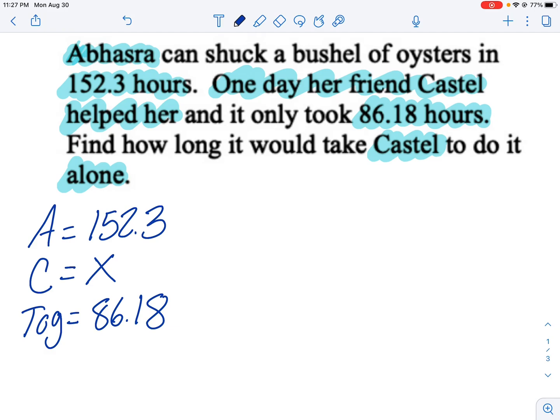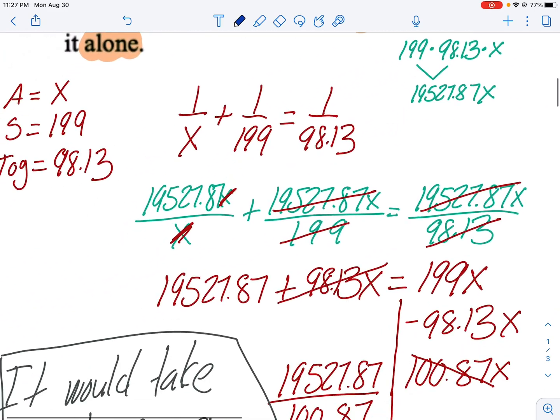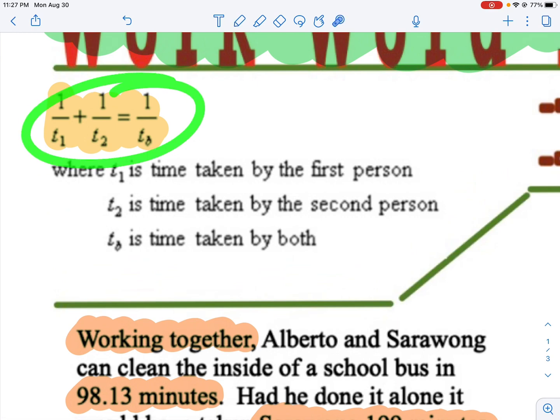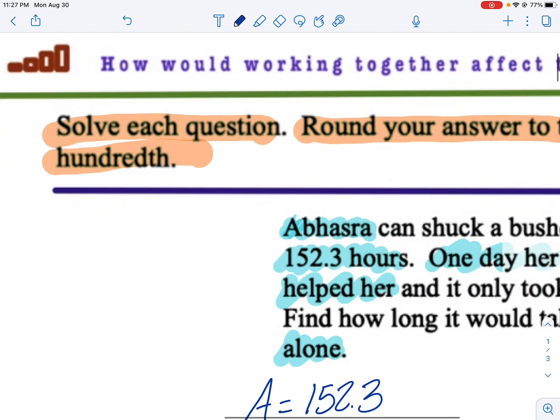Let us take a look at what we did. We used our formula, which is 1 over T1 plus 1 over T2 is equal to 1 over T3.